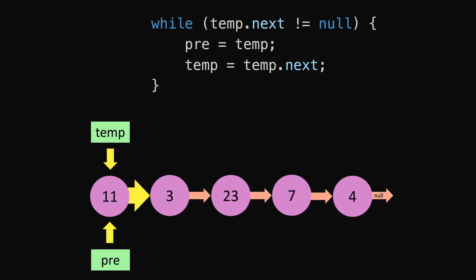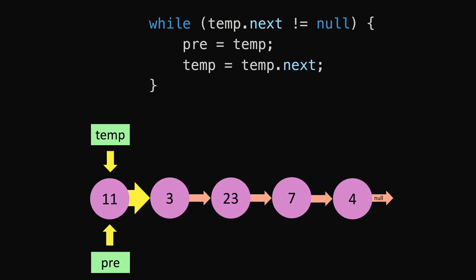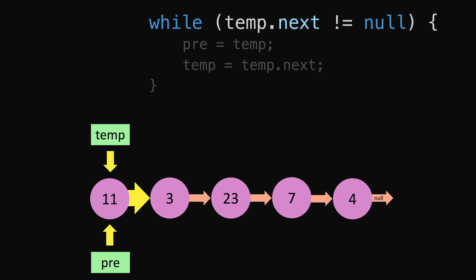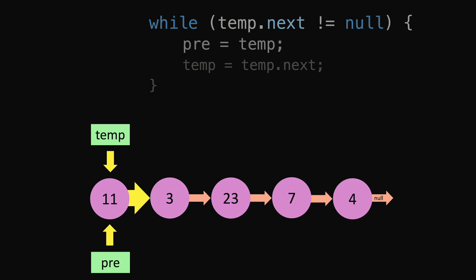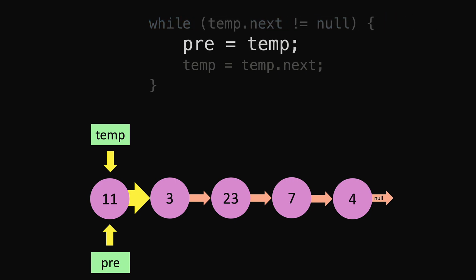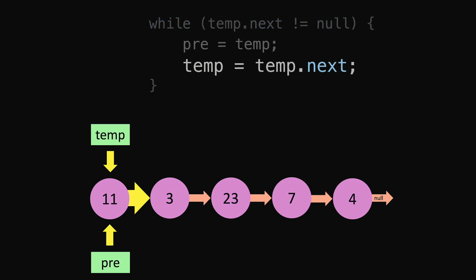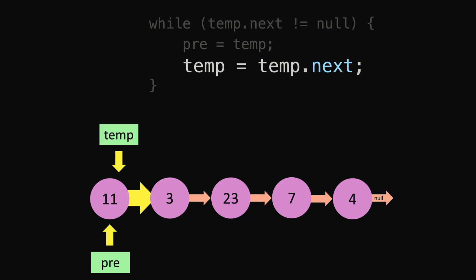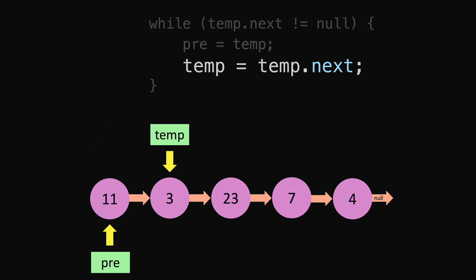So let's move this down here, and then we'll walk through this while loop all the way to the end of the linked list. So while temp.next is not equal to null, it is not equal to null because it is pointing to a node. We set pre equal to temp. It's already equal to temp in the first iteration, and then temp equals temp.next, and that moves that over.